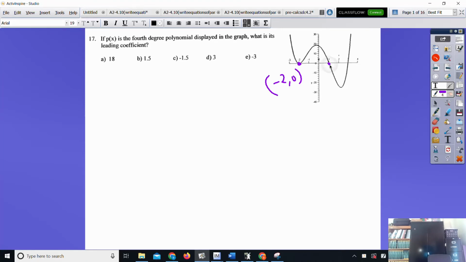That's at 1, 0. That's at 3, 0. And if I was guessing now, I would say that that is 0, 18. That is the y-intercept.